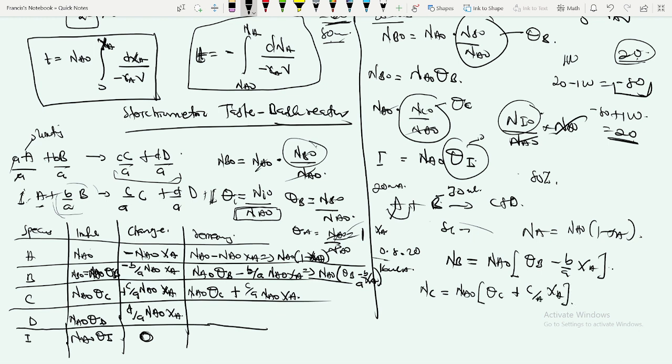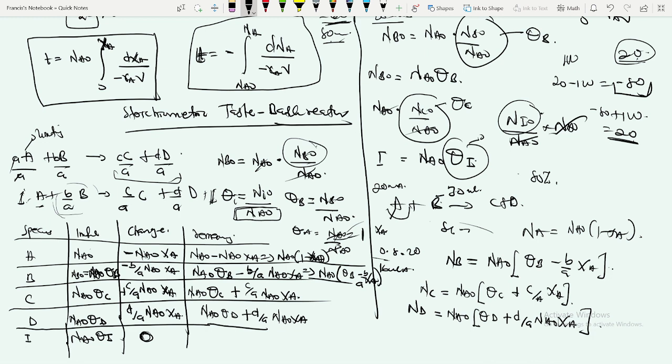So this is also the moles of C remaining. Now for the D, the moles of D remaining will also be N_A0 theta_D plus d over a N_A0 X_A. So we can factorize N_A0 out, and we are left with theta_D plus d over a X_A.